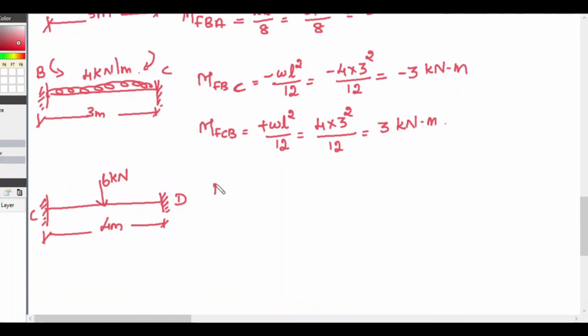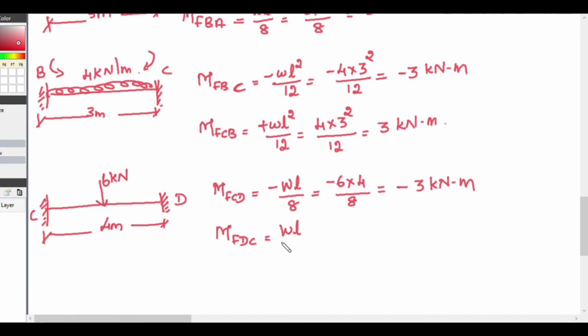So our fixed end moments MFCD will be equal to minus WL by 8. That is equal to minus 6 into 4 by 8, we get minus 3 kilonewton meter, and MFDC will be equal to plus WL by 8, that is equal to plus 6 into 4 by 8, 3 kilonewton meter.